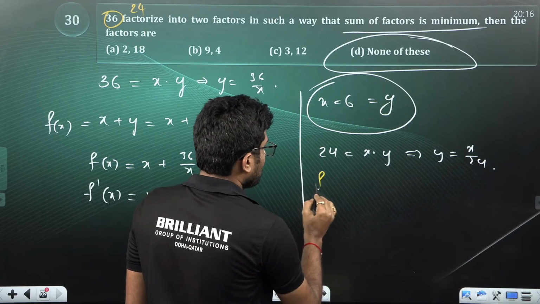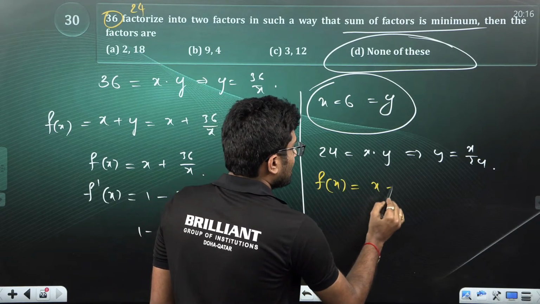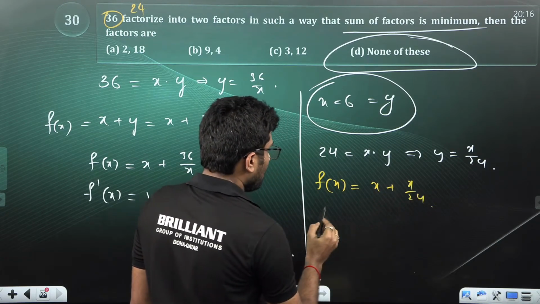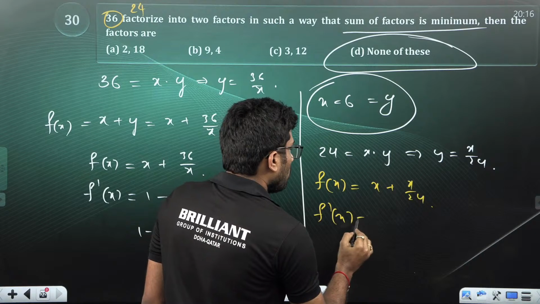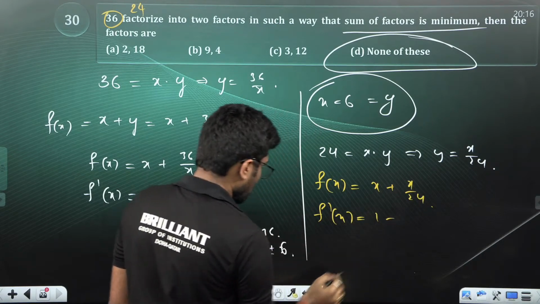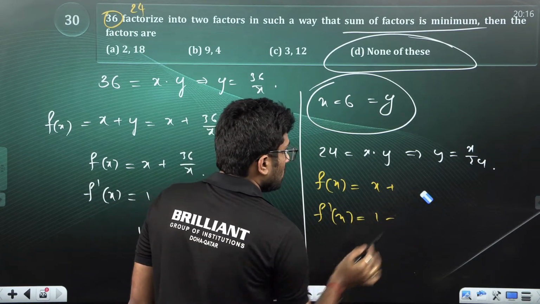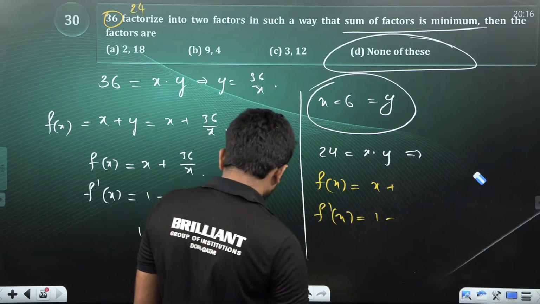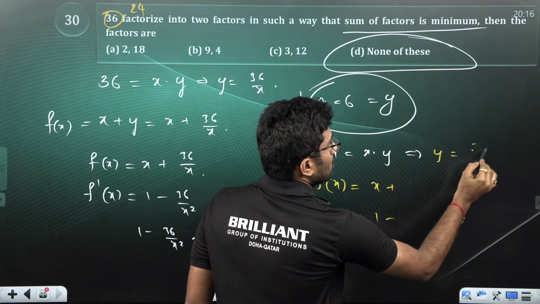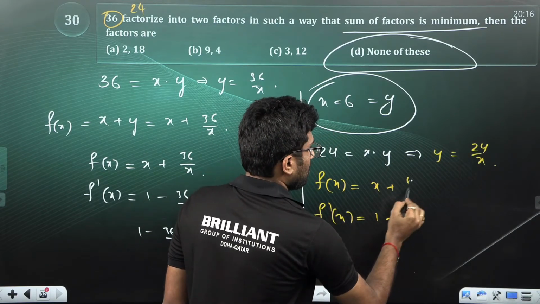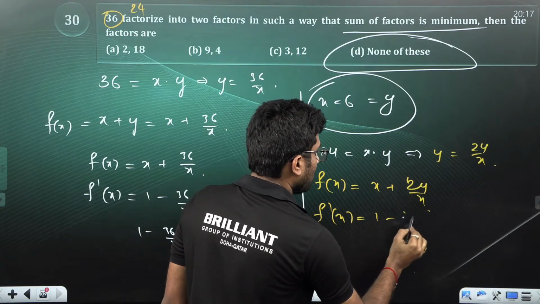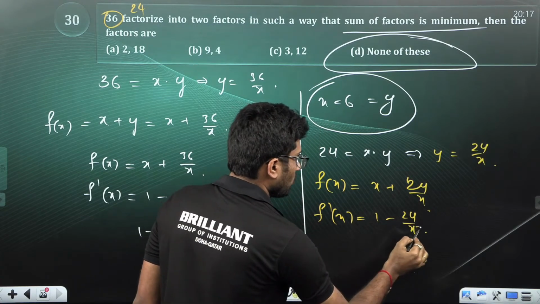Now f of x will be equal to x plus 24 by x. Then f dash x will be 1 minus 24 by x square.